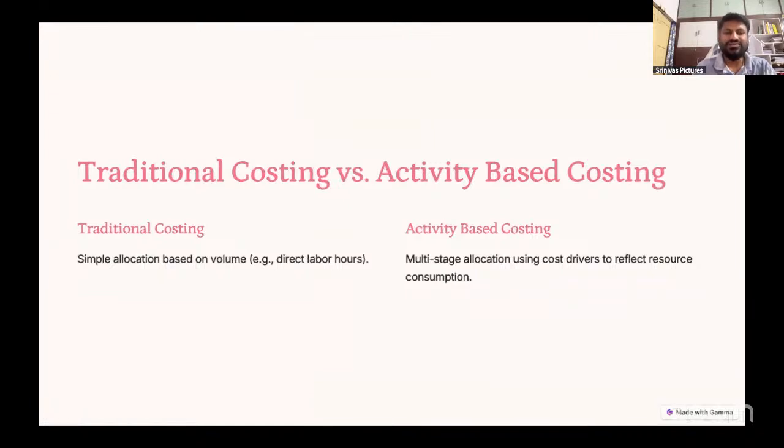In traditional costing, what are we going to do? Simply allocate based on volume, for example, direct labor hours. In activity-based costing, there is multi-stage allocation using cost drivers that reflect the resources consumed. Production is different, service is different, consumer cost is different, like that.